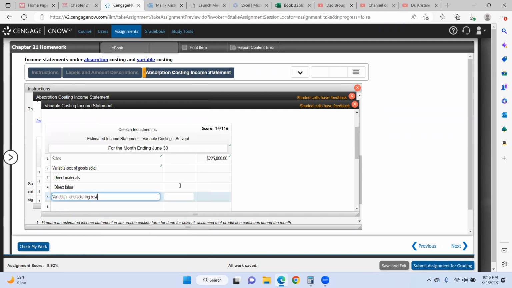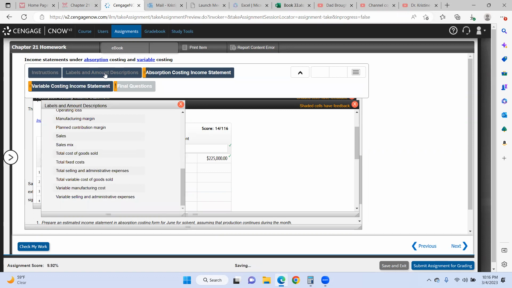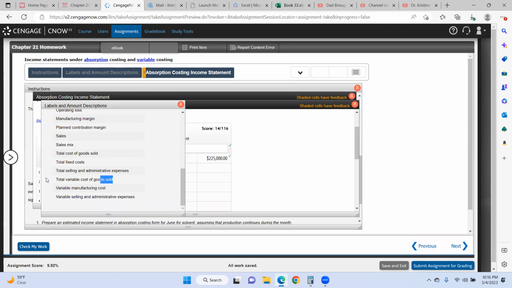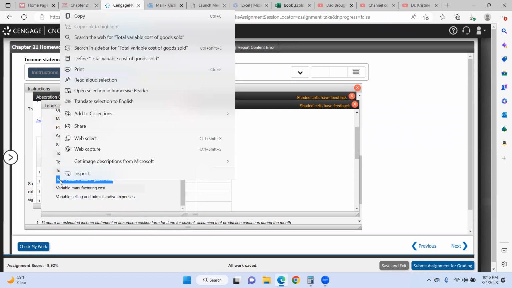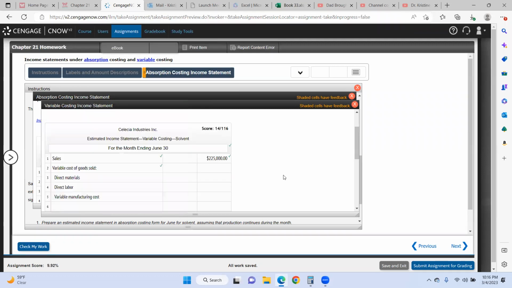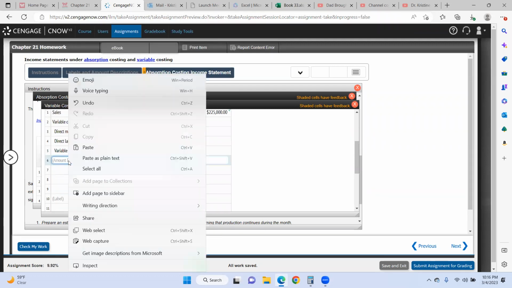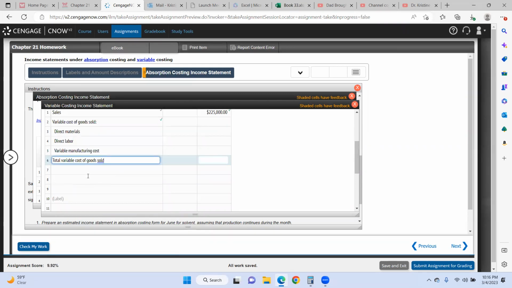I'm going to paste that in there. Okay, and then right here, this is going to be my total. Now, if we're going to do this correctly, and put all the names in here, this should be a manufacturing margin. Okay, I'm going to double check and make sure that's what they're putting in there. Excellent.